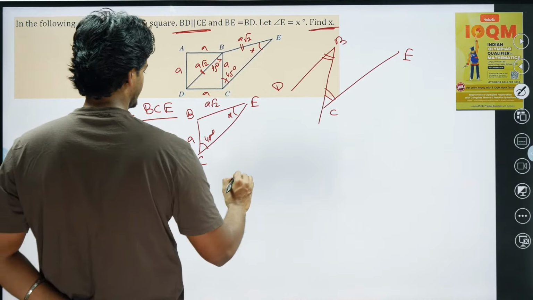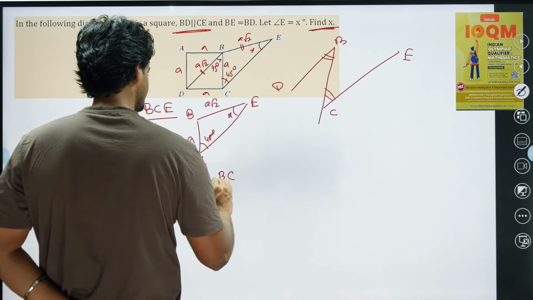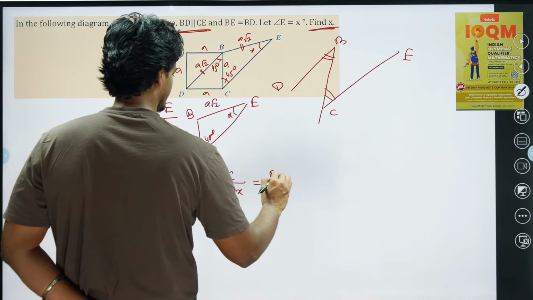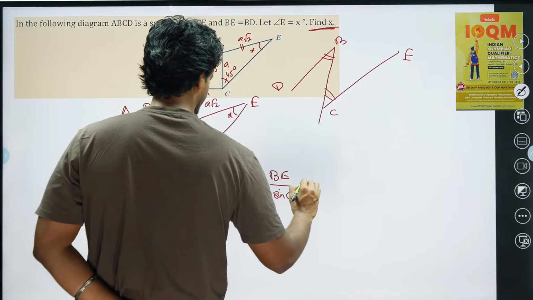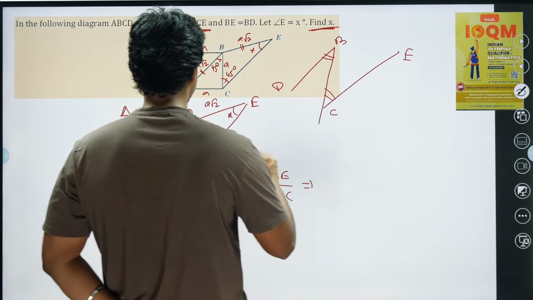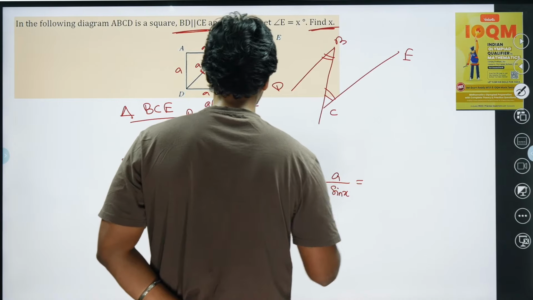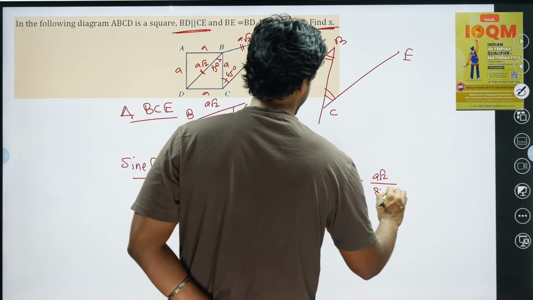Sine rule gives us BC by sine X is equal to BE by sine C, which implies A by sine X is equal to A root 2 by sine 45 degrees.